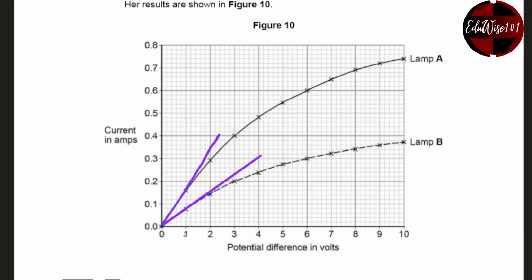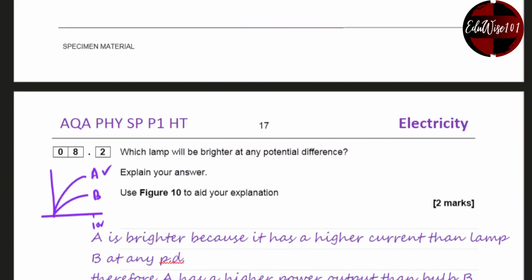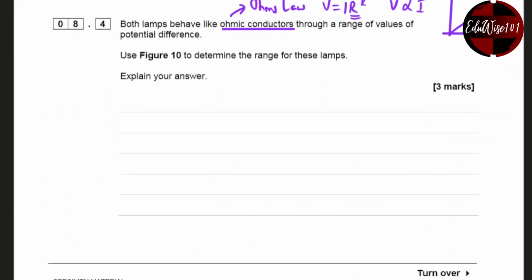it shows that for lamp B it's somewhere between 0 and 2 volts, and lamp A probably about the same. Use figure 10 to determine the range for these lamps. So it's going to be between 0 and 2 volts.